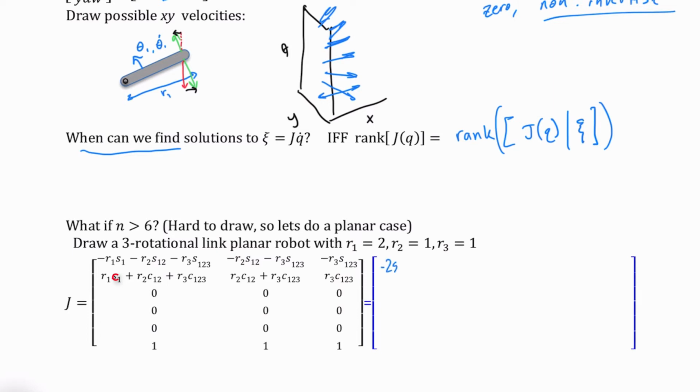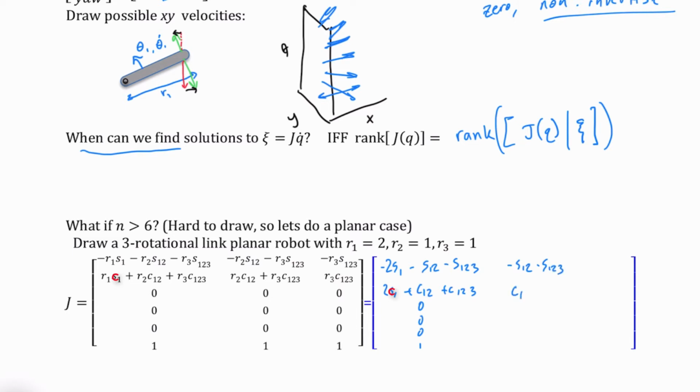First entry is S1. My next entry is 2S1 plus C12 plus C123. Then everything else here is 0, 0, 0, 1. My next entry is we drop out the first item here and just minus S12 minus S123.